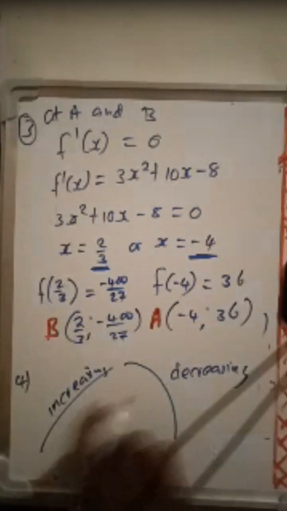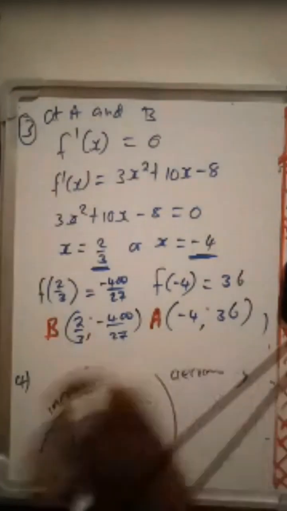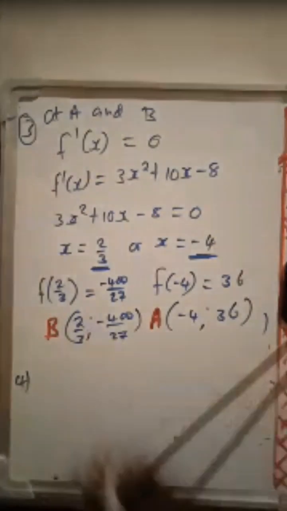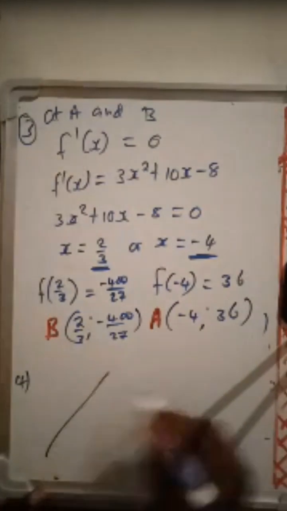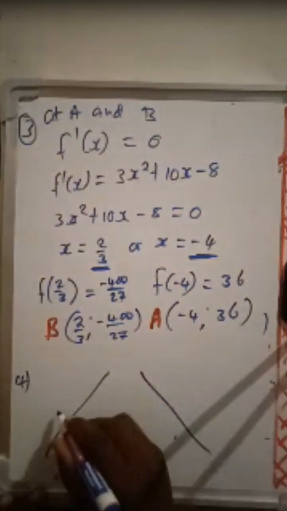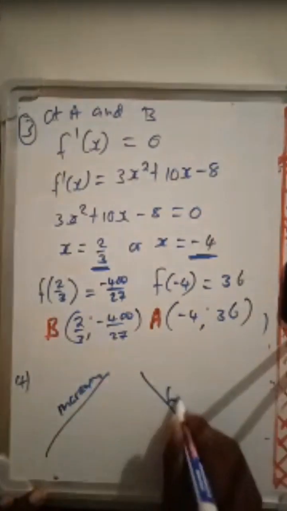So we have increasing, we have decreasing. Positive gradient is increasing, negative gradient is decreasing.